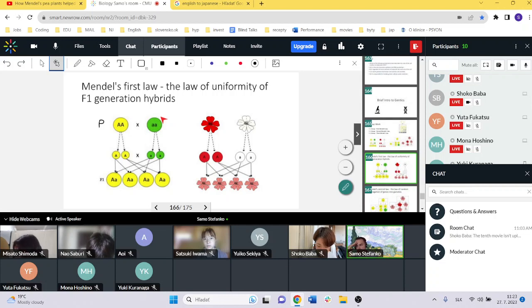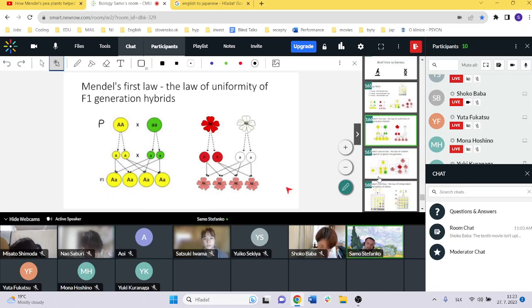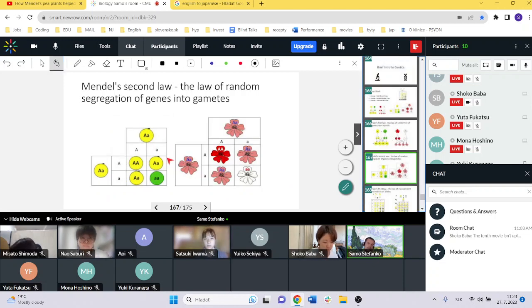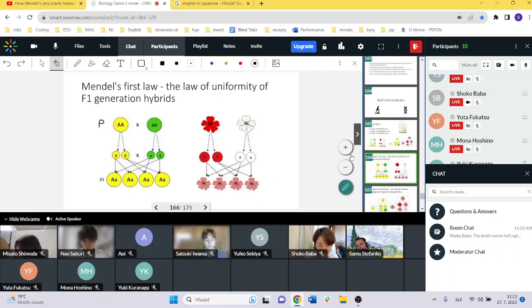He crossed these pure lines to create the first filial generation and then propagated them to produce the second filial generation. Okay, so here we have the first filial generation, and in the upcoming one, here, we have the second filial generation. We will get there very shortly.